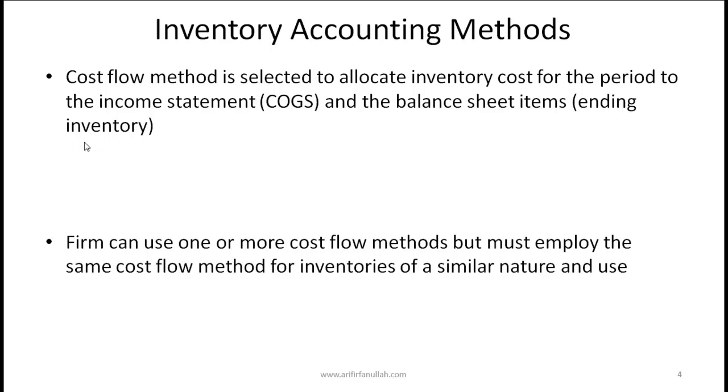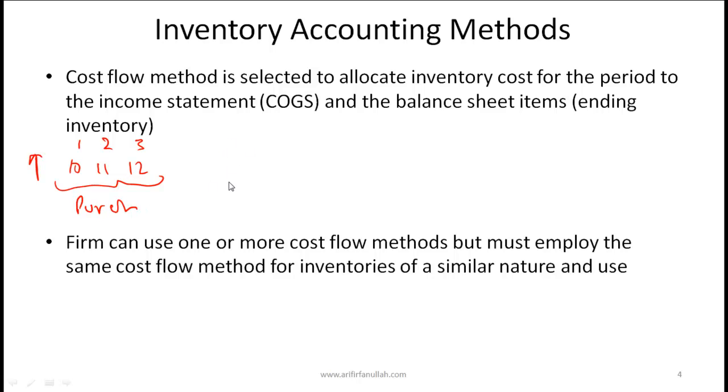Let's say that you are in the business of trading chairs, and you simply buy them and sell them. So it is possible that when you bought your first chair you paid $10, the second chair you paid $11, the third chair you paid $12, and so on. So prices are rising. So these were your purchases.